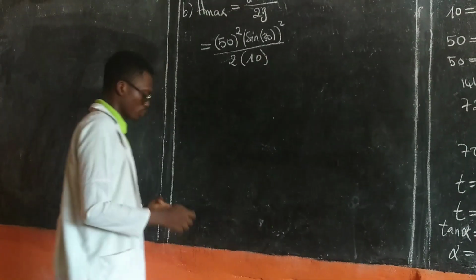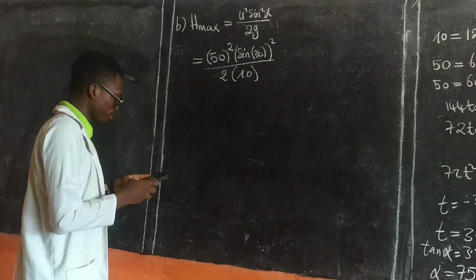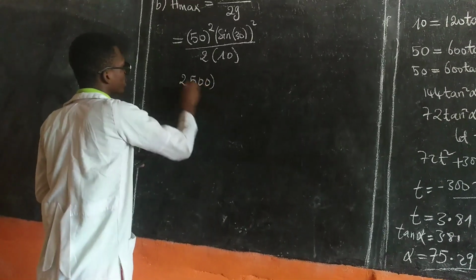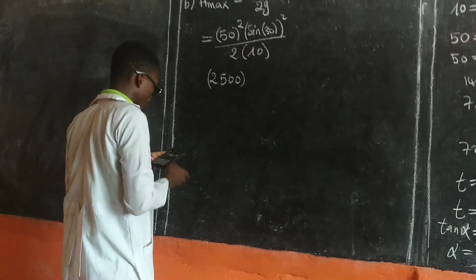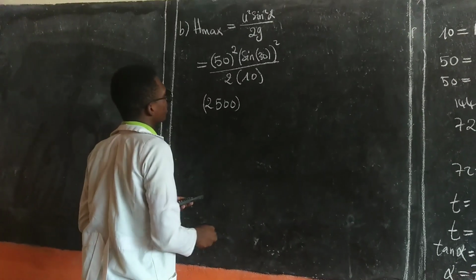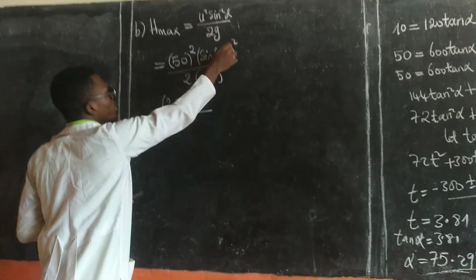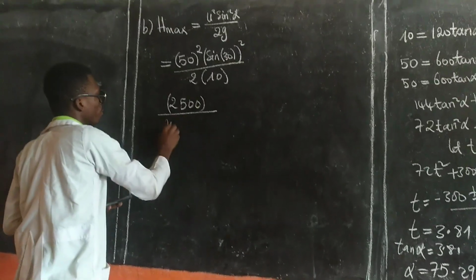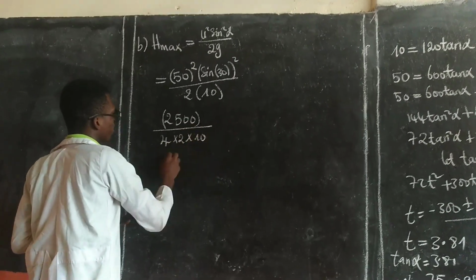Now I have 50 squared as 2,500. I have sine 30 as a half, and sine 30 squared is 1/4. So I will have 4 times 2 times 10.